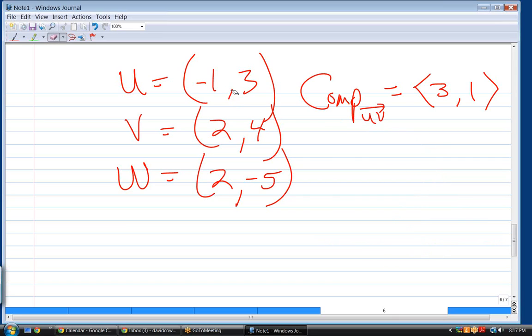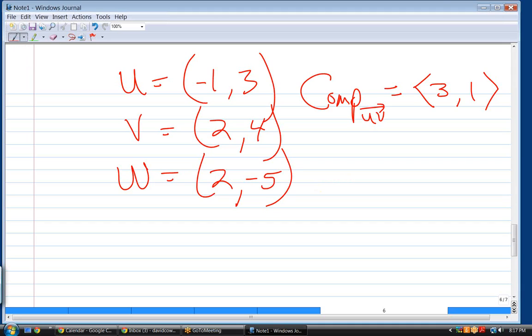We do need to let U go to 0, 0 if we're going to call the component UV. If we wanted to call the component VU, then I would force the V, X, and Y to go to 0 and alter the U. What else about this question? That's the only thing I can think of that might not be completely clear when you're doing these components, which is which one you force to the 0, 0.